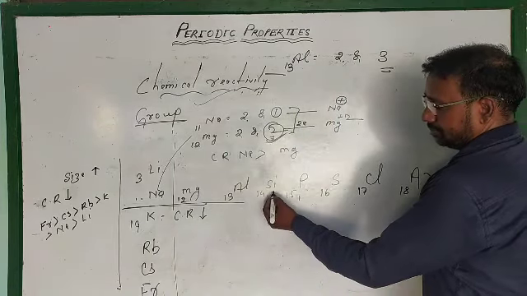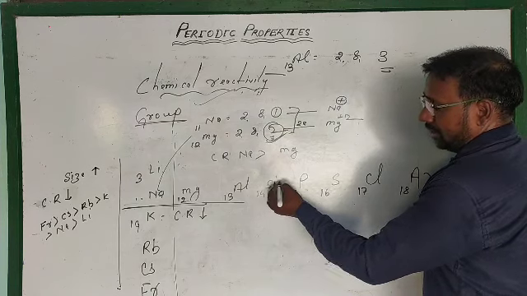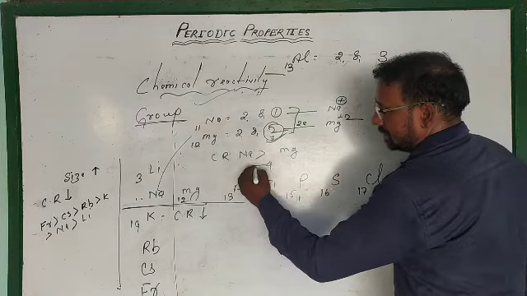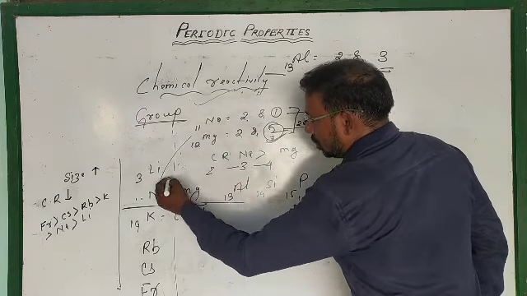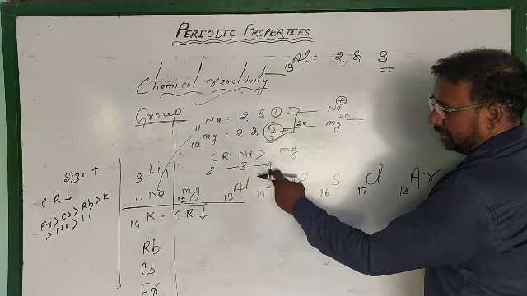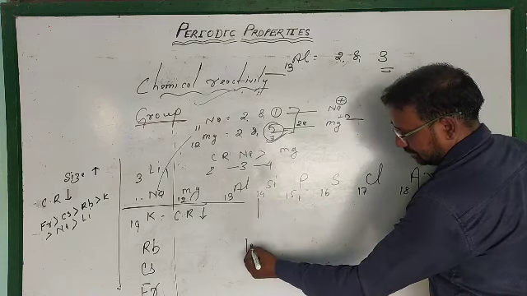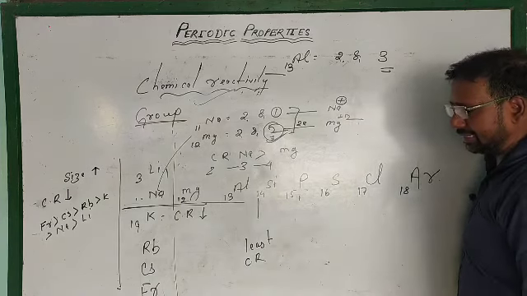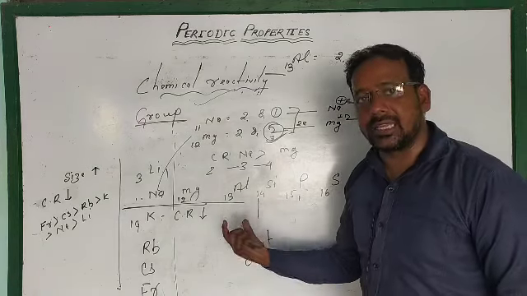But till silicon, when you come to silicon, in the middle with valence 4, it is the least chemically reactive, because they will share the electrons.